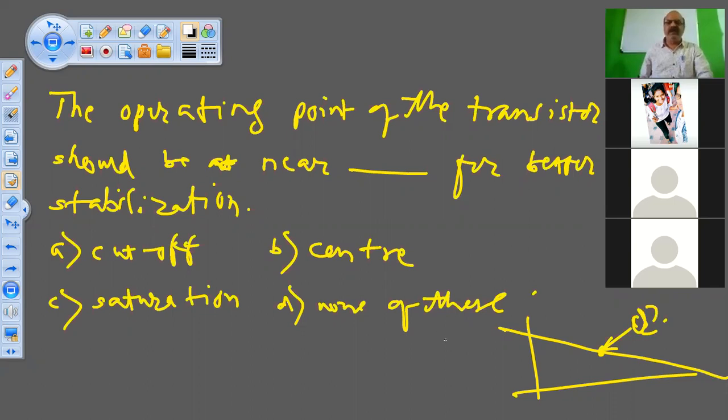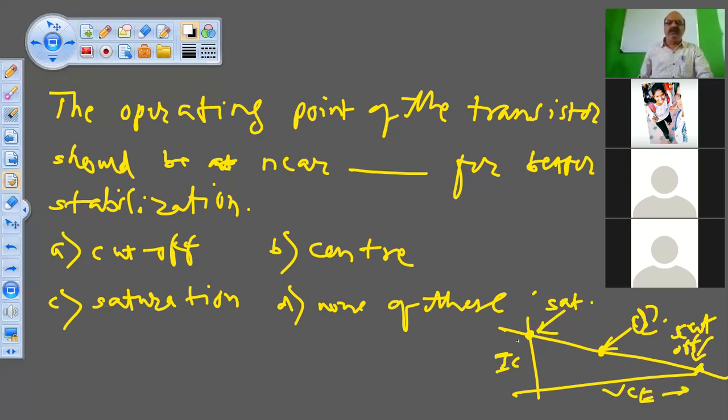Correct. This is saturation point. This is saturation, and this one is cutoff. This is IC versus VCE. This is collector current and collector to emitter voltage, VCE.